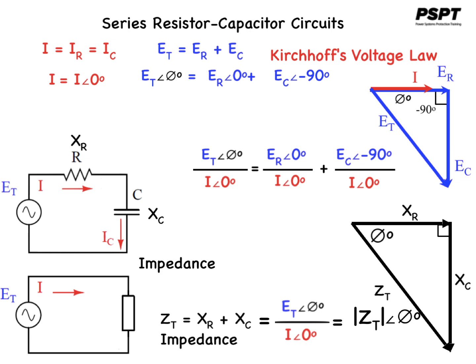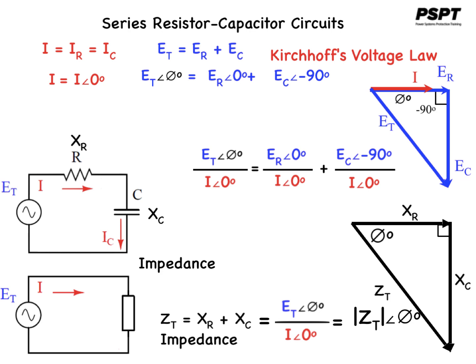One thing you will notice is that the angle phi, the contained angle of ZT with the horizontal, is the same angle as ET with the current, which is not surprising because the triangle formed by XR, XC, and ZT is proportional to the triangle formed by ER, EC, and ET, because in the voltage phasor equation, it is divided by the same thing, the current, I at 0 degrees.